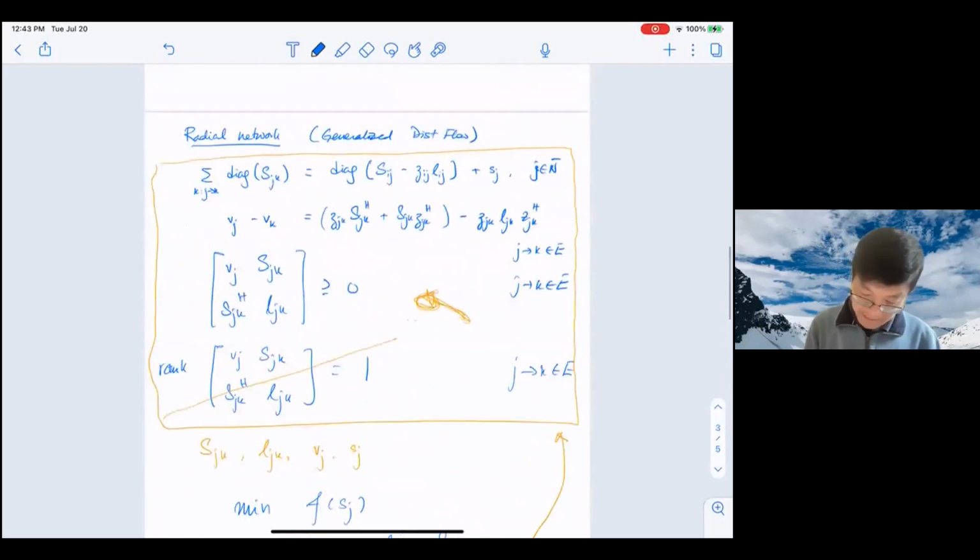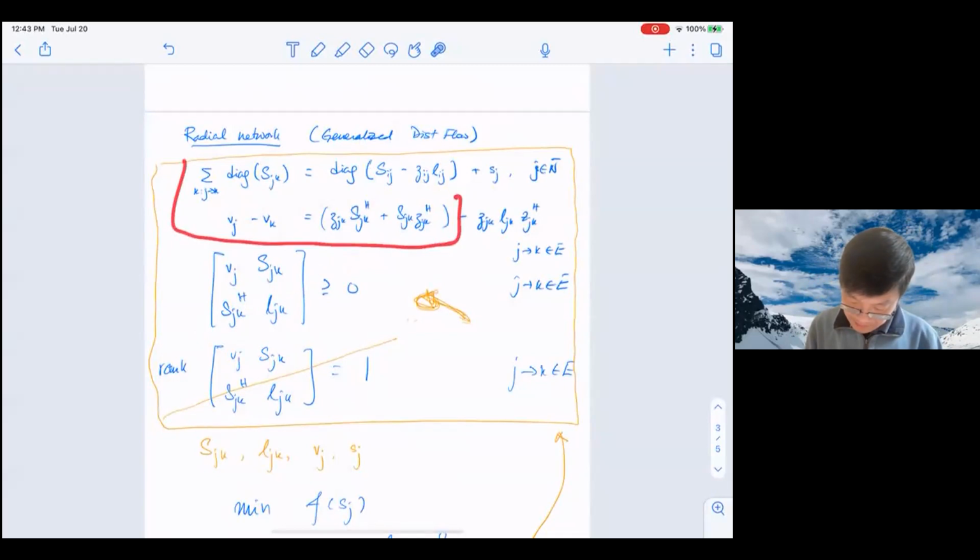Well, we look back at this thing. We can ignore L, just like what we did for the single phase. And we can ignore this, right? This is like the quadratic equality in a single phase case. So the single phase linearized model will have something like this.